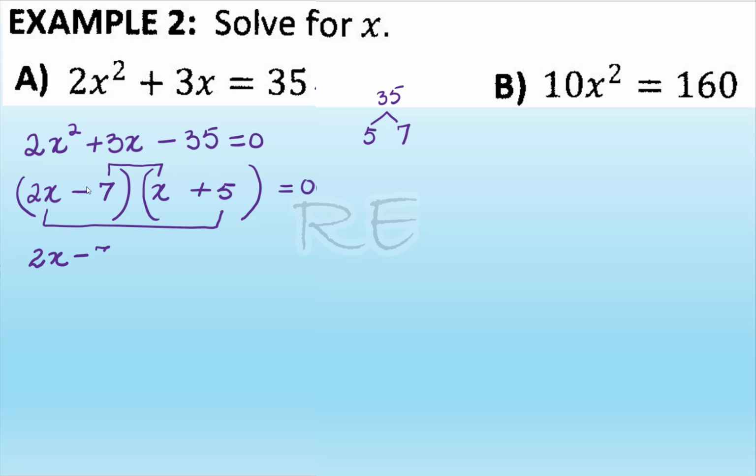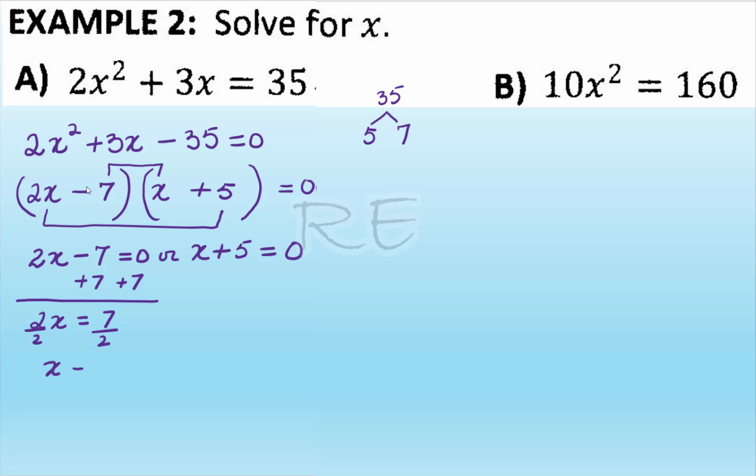Now we're going to set the factors equal to 0. 2x minus 7 is equal to 0, or x plus 5 is equal to 0. When we add 7 to both sides, 2x will be equal to 7. And when we divide by 2, x is equal to 7/2.